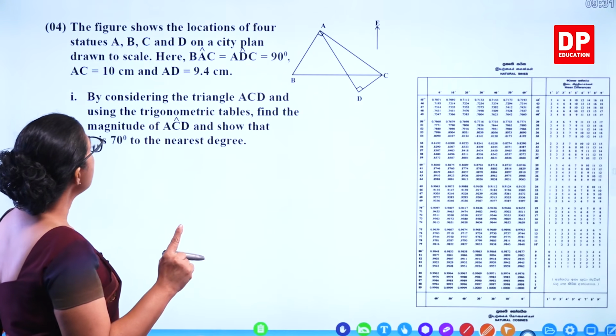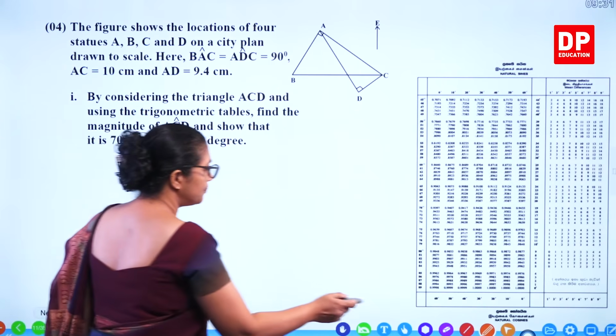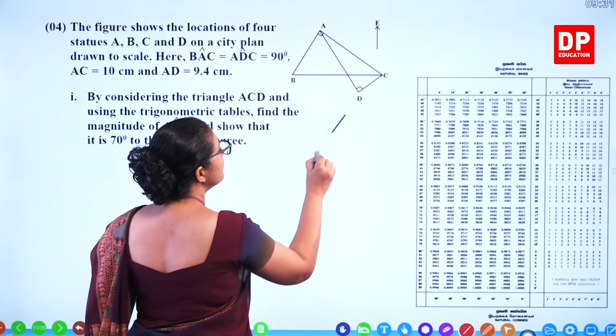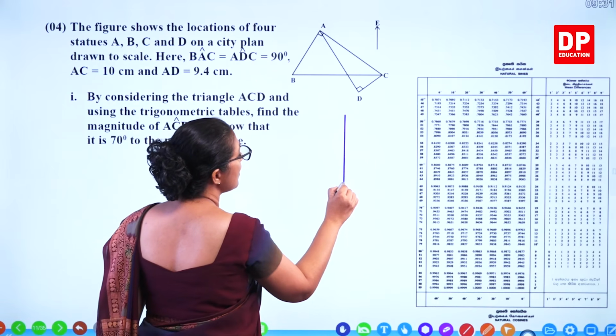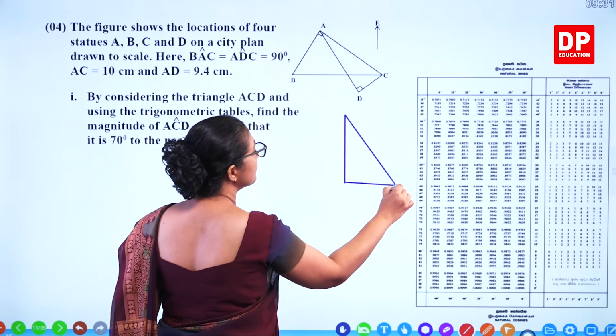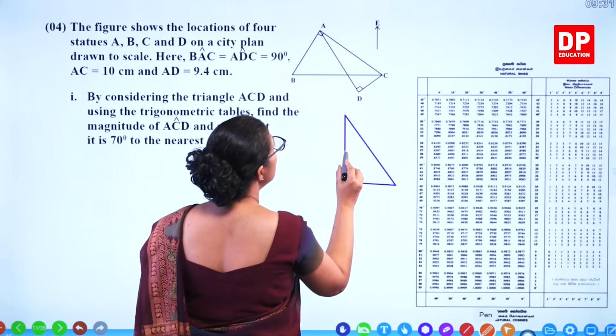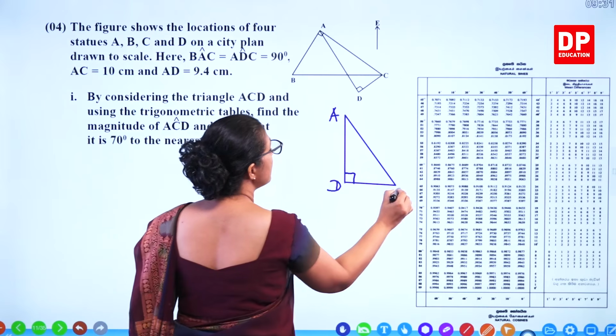By considering the triangle ACD, we'll draw it separately. ACD. It's a right angle triangle. So D is the 90-degree angle.